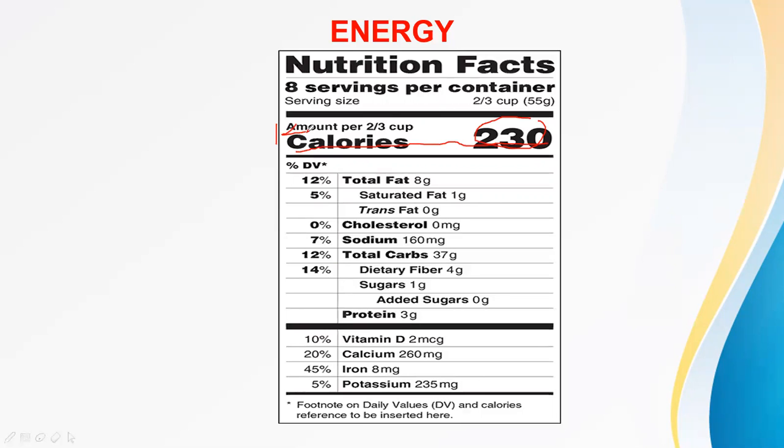If I want you to convert into normal calories, how are you going to do it? Just think. I want you to convert these food calories, the big letter C Calories, into normal calories. Means 230 times 1000. So that is equal to the normal calories.